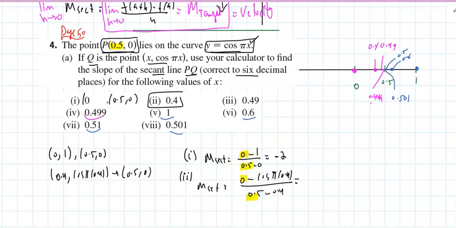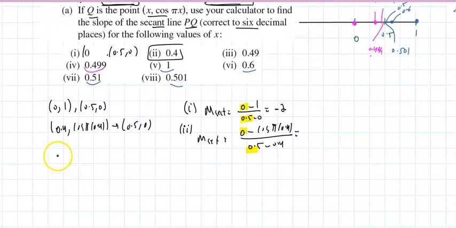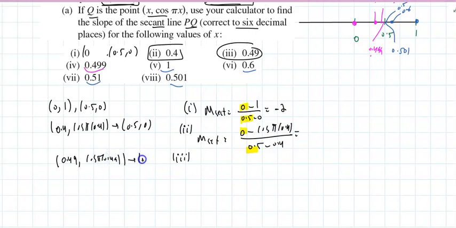Those are fixed, right? And if I run for 3, if I run from 0.49 and the cosine of pi times 0.49 to 0.5, right? Wouldn't the slope of the secant be y2 minus y1, 0 minus the cosine of pi times 0.49 divided by 0.5 minus 0.49.